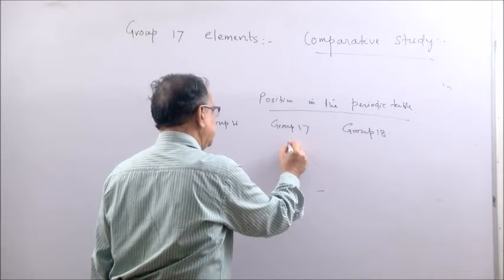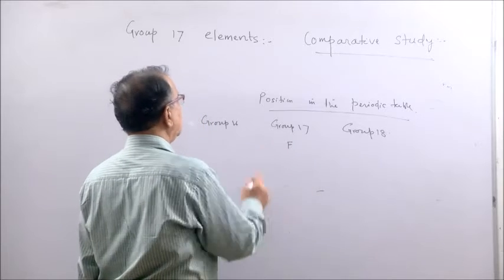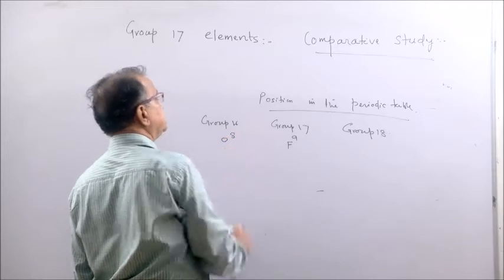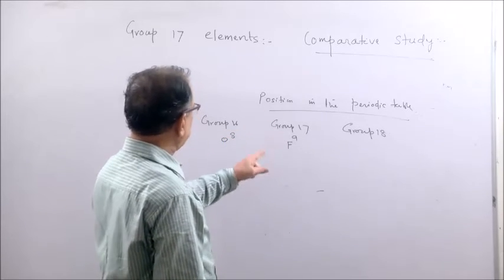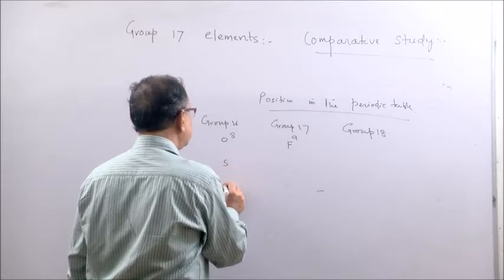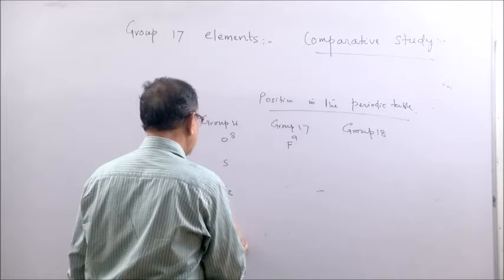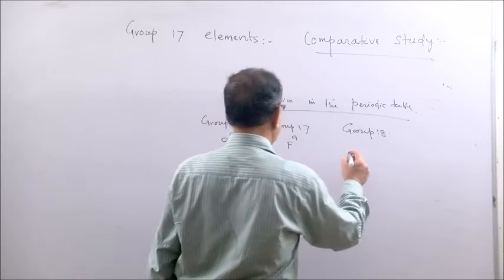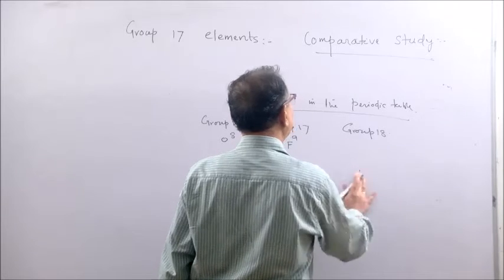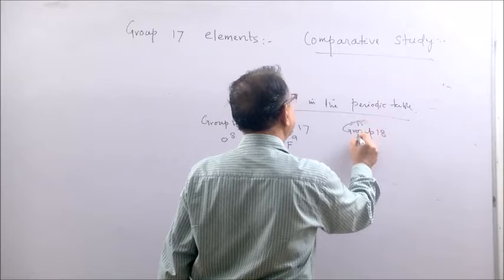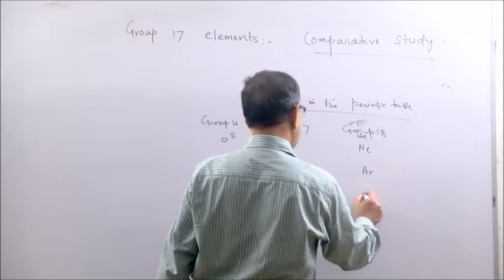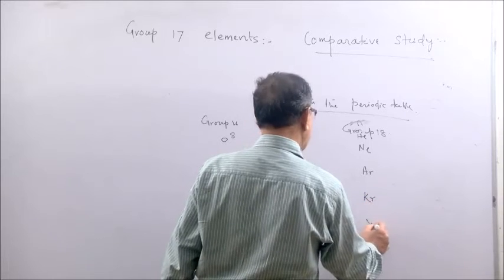Fluorine, 9, has oxygen, 8, on its left. These elements remain between group 16 and group 18. Group 16 is oxygen, sulfur, selenium, tellurium, polonium. On the other side, helium, neon, argon, krypton, xenon, radon.